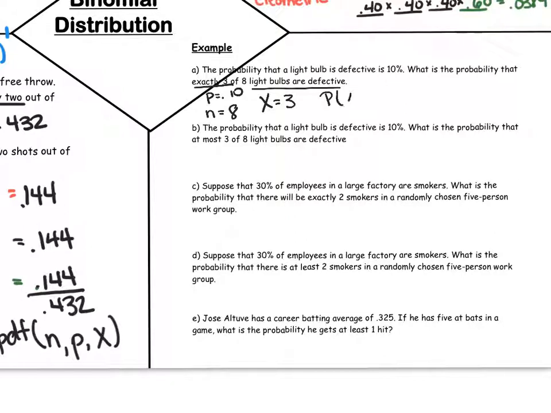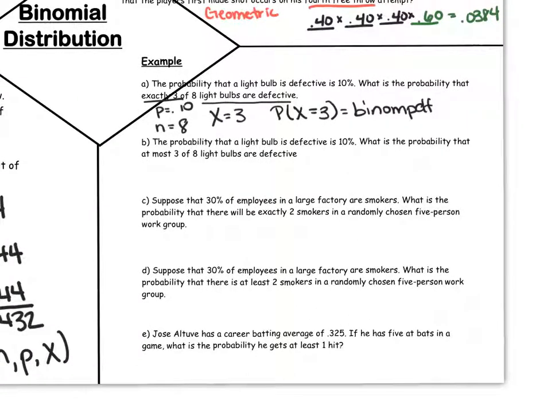The probability that X equals 3 is equal to binom PDF. Why are we using the PDF? It's equal to. What is your N? 8. What's your P? 0.1. What's your X? 3.